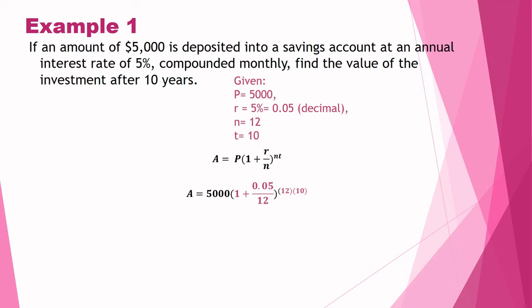The next step, class, is to solve first what is inside the parentheses. We divide 0.05 by 12 plus 1, and multiply 12 times 10 for the power. That gives 1.004166. If we solve further, we do not round off to 2 decimal places yet. We round off only the final answer, so our decimal points stay consistent.